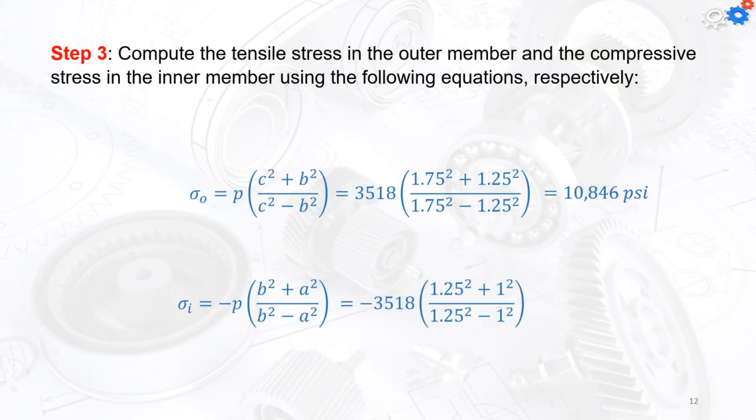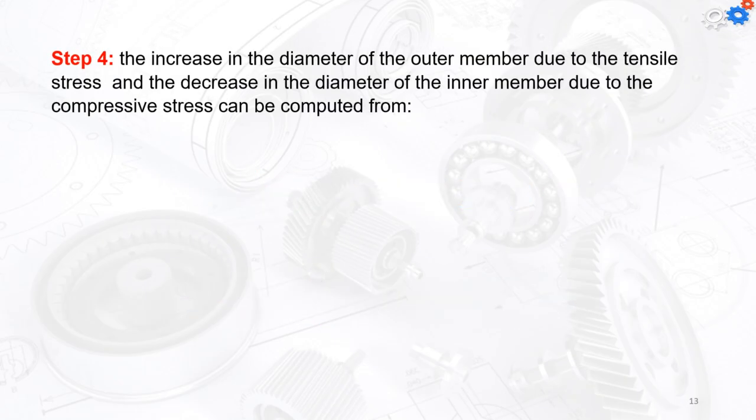Now we're going to repeat the same step for the compressive stress on the inner part, and you will find that the answer is going to be equal to negative 16,025 psi.